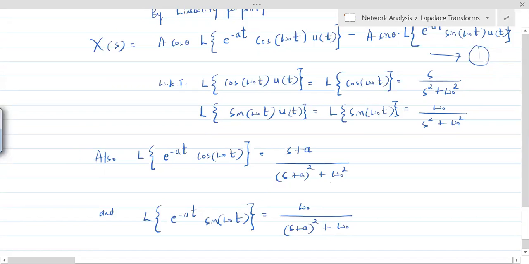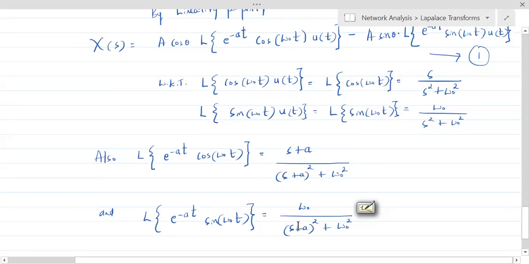See, what's happening here is this. Laplace transform of cos omega naught t, I know it is s by s square plus omega naught square. If you bring in a decaying exponential e power minus at, then this would become s plus a by s plus a whole square plus omega naught square. That means s here is replaced by s plus a.